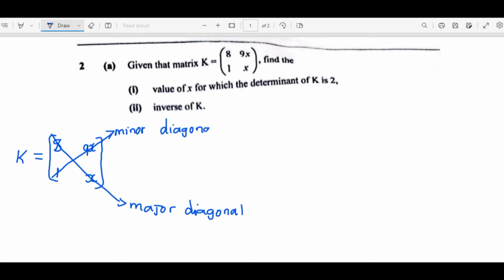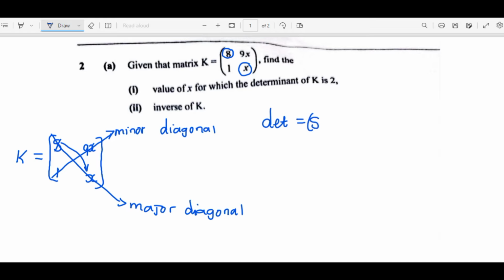Now what's the formula to find the determinant? The determinant is found by the difference between the elements. So we need to find the product of the elements of the major diagonal subtracted by the product of the elements of the minor diagonal. So how do you do that? We need to multiply 8 by x.